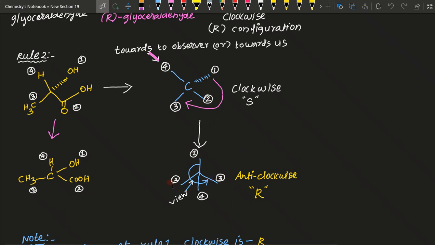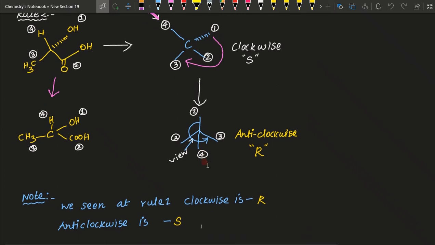the observer at between the 2 and 4th, if you look at this compound, this is going to anti-clockwise or counter-clockwise.